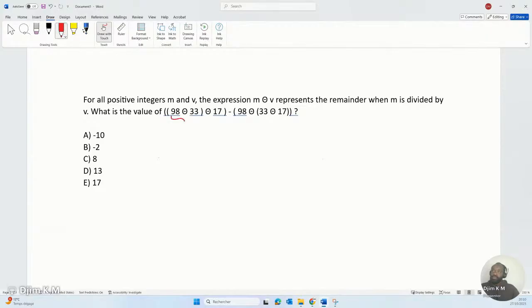So we will take this one, and we will take this one.